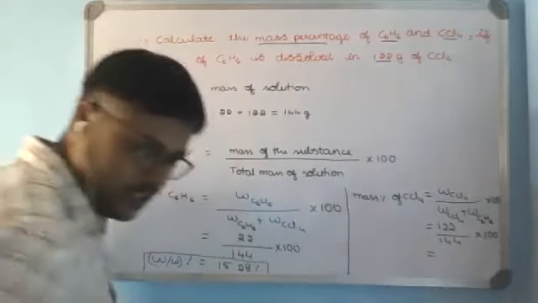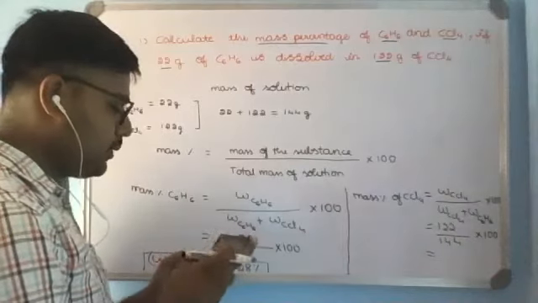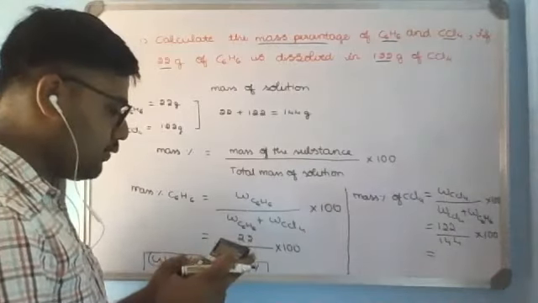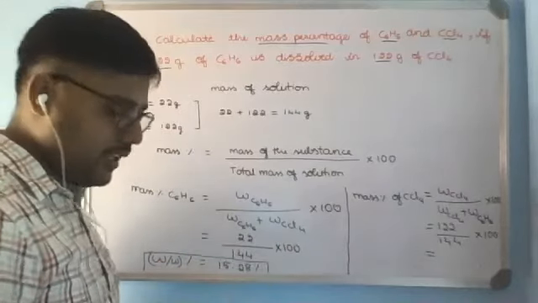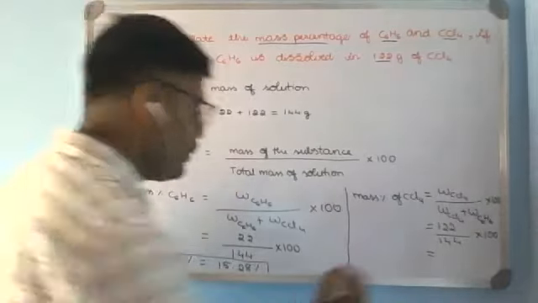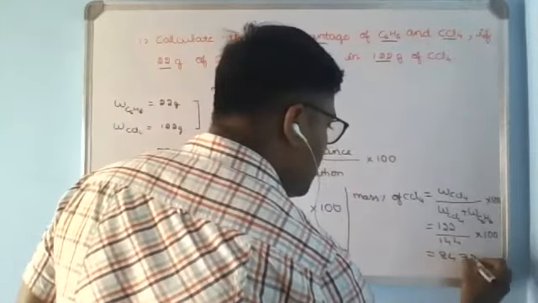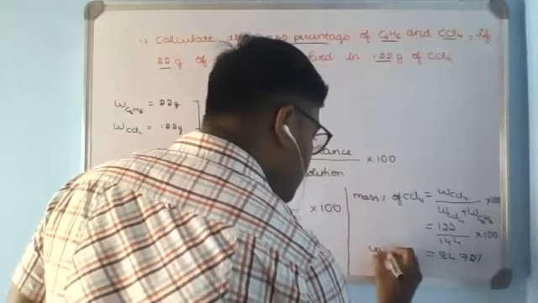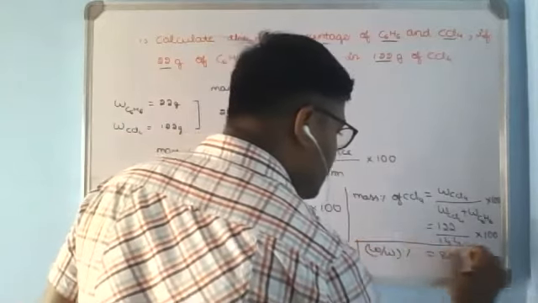So that will be equal to 122 divided by 144 into 100, that is equal to 84.722, 84.72%. So this is the mass to mass percentage of CCl4 present in the solution.